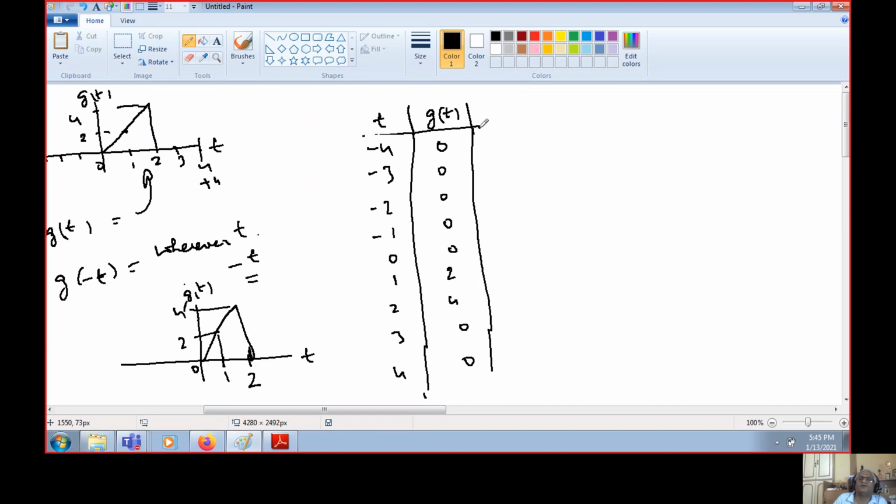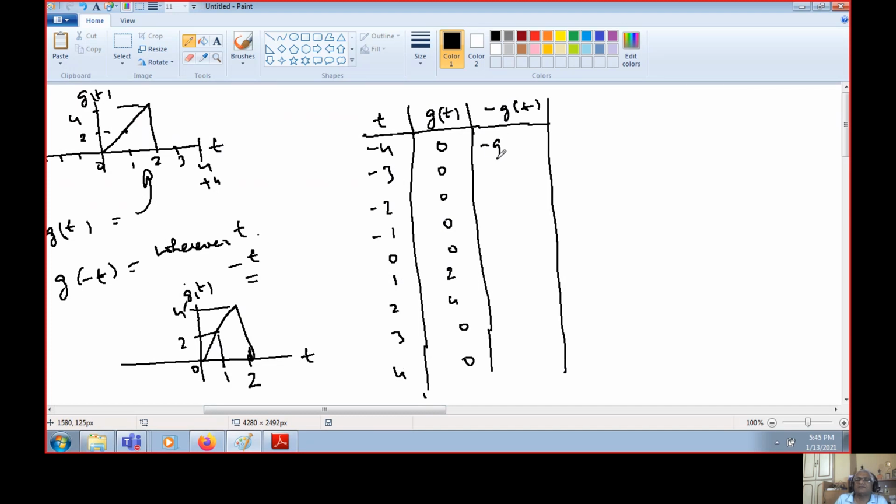Now what we have to do? We have to plot minus g of t. Now you see here, so simple it is. We don't have to do any time manipulation here. Here we have to put minus g of t. What is minus g of t?